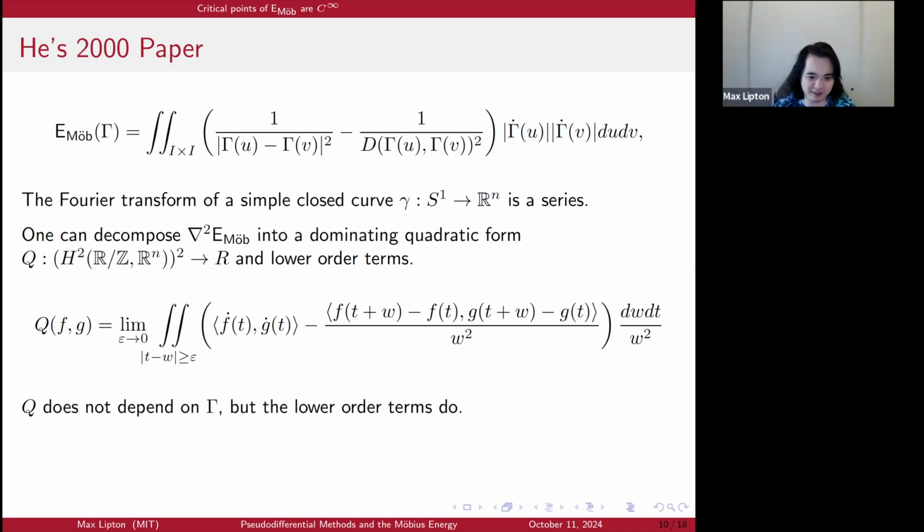And so really the great idea with this is that now, instead of worrying about an extremely nonlinear functional that depends on an arbitrary nonlinear simple closed curve, we can just look at this functional that is, at least on paper, more computable in the perturbation directions, and analyze its contributions to changes in the Mobius energy.